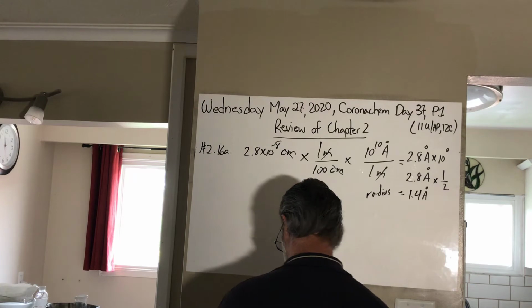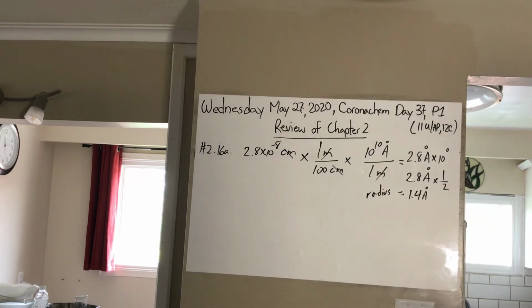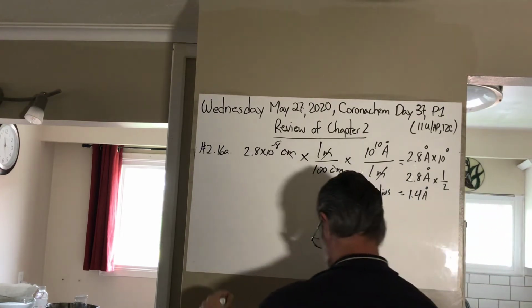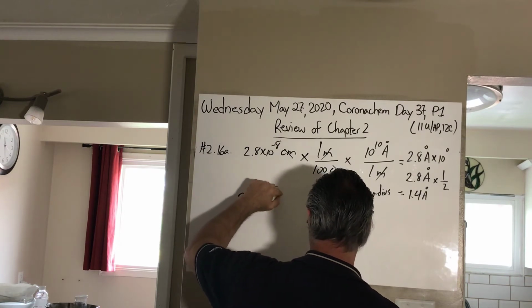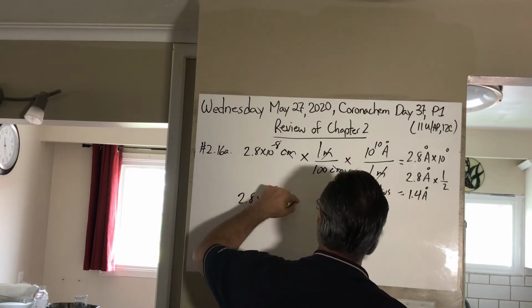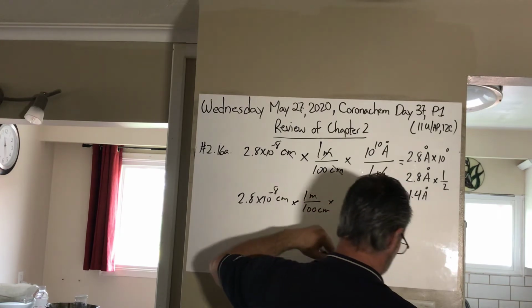And if you are going to convert it to meters, you can just do the calculation like this: 2.8 times 10 to the negative 8 centimeters times 1 meter per 100 centimeters.